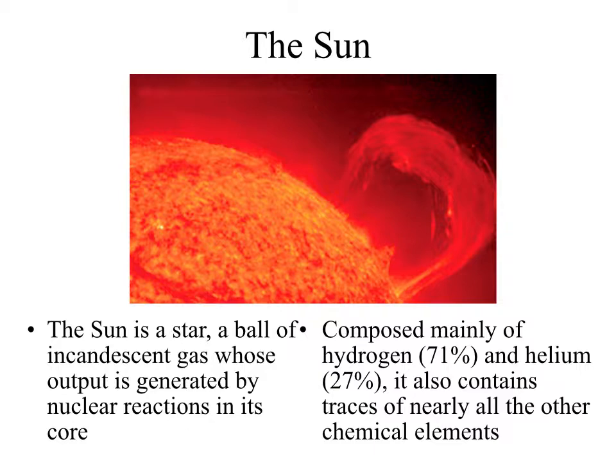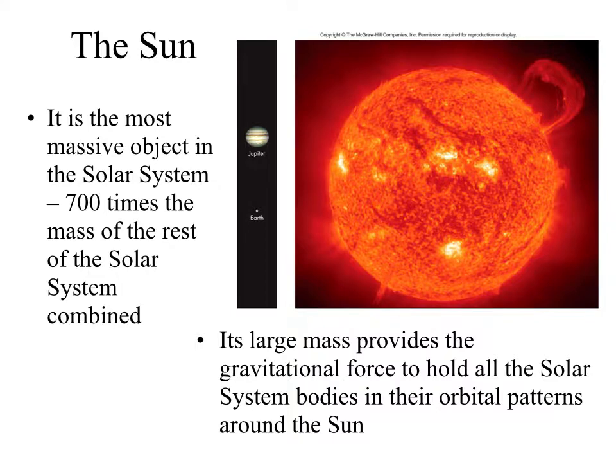It is 71% hydrogen and 27% helium. It also contains traces of nearly all other chemical elements. The sun is really massive. It is 700 times the mass of the rest of the solar system combined.